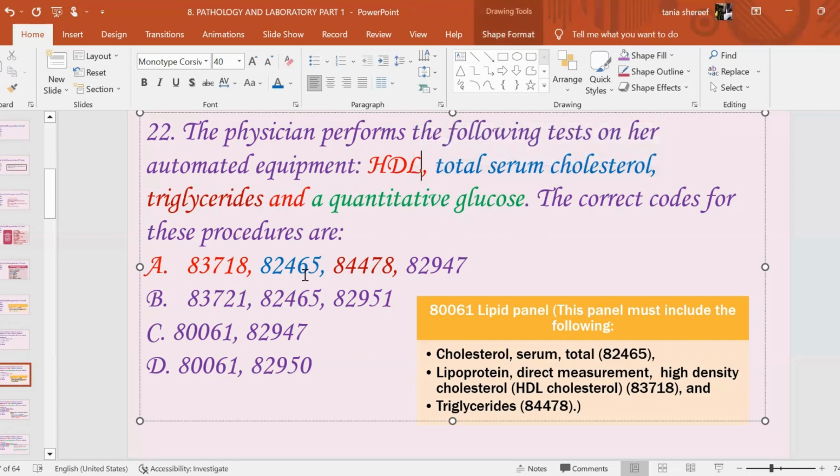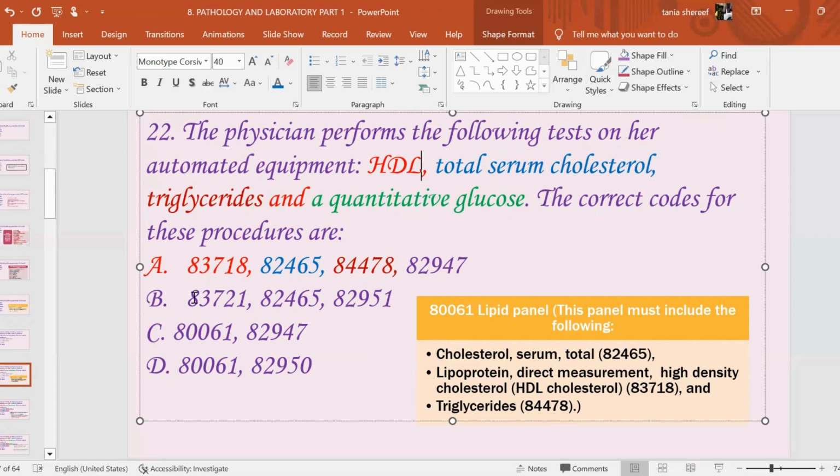Next, 82465 is total serum cholesterol, which the patient has also done. Next is 84478, triglyceride. So we can see 82465, 83718, and 84478. What we have studied is that instead of using separate codes, we can use a single code for the panel, that is the lipid panel. What is the code?